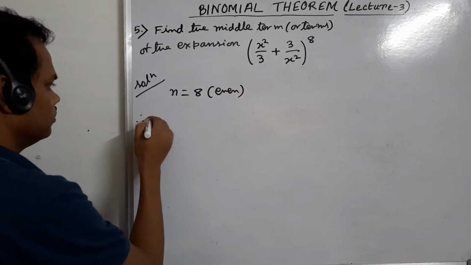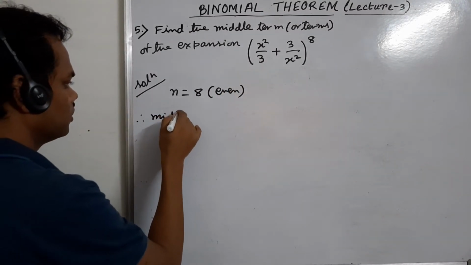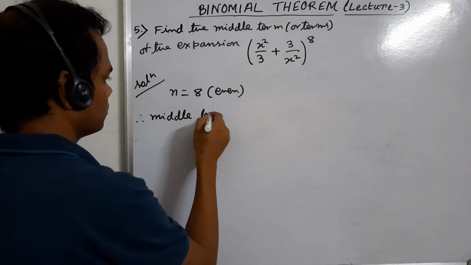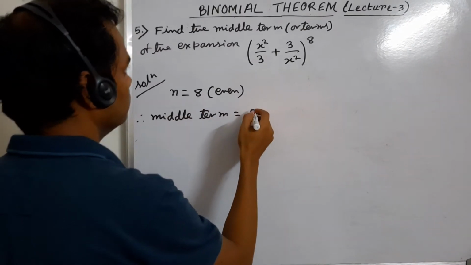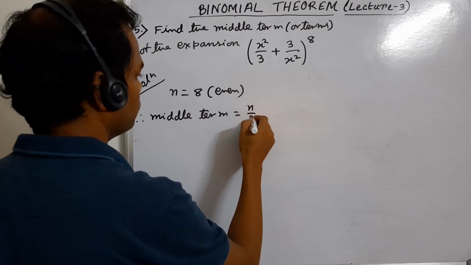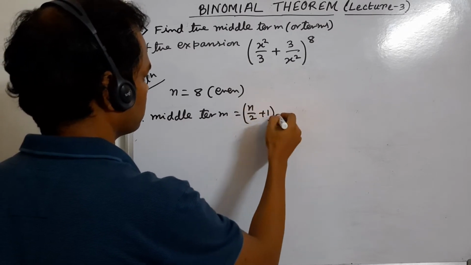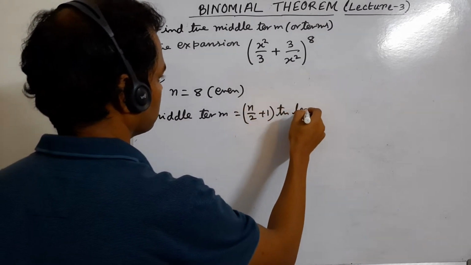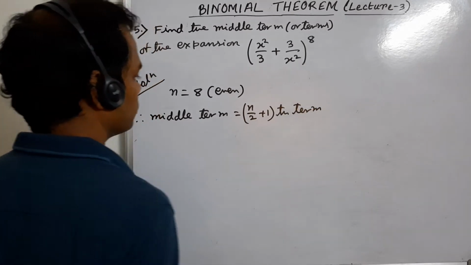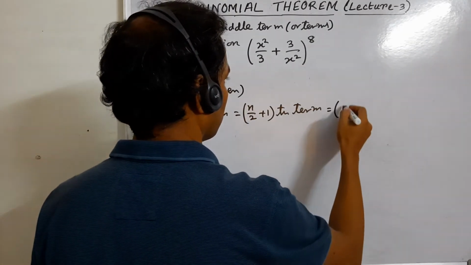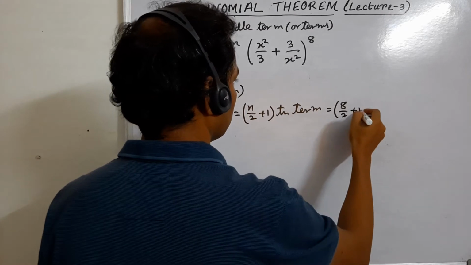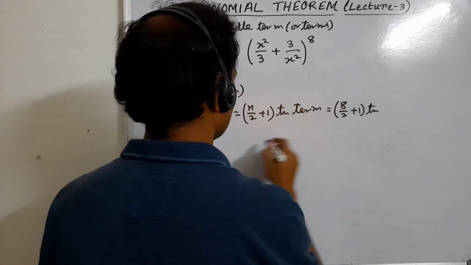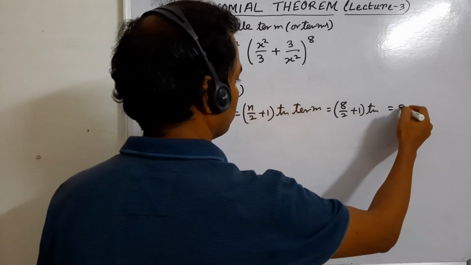So the middle term equals the (n by 2 plus 1)th term. So 8 by 2 plus 1, so the 5th term.